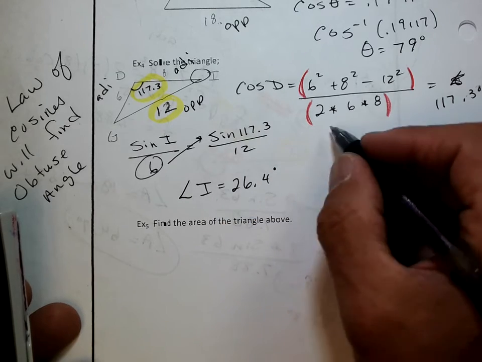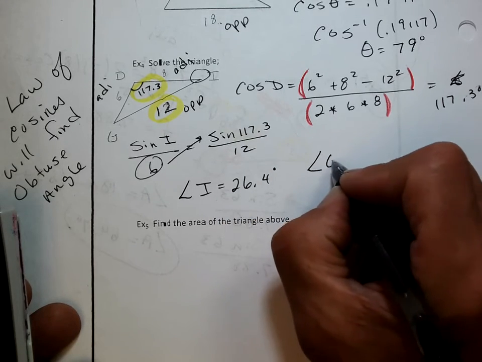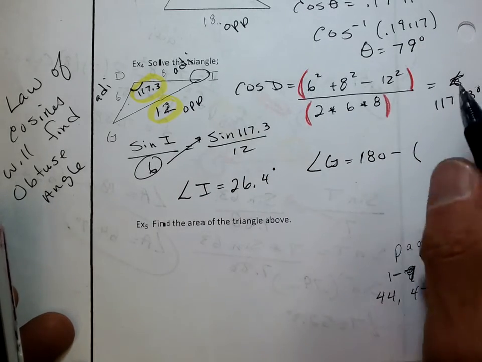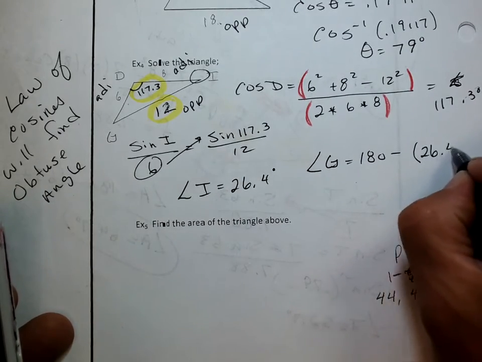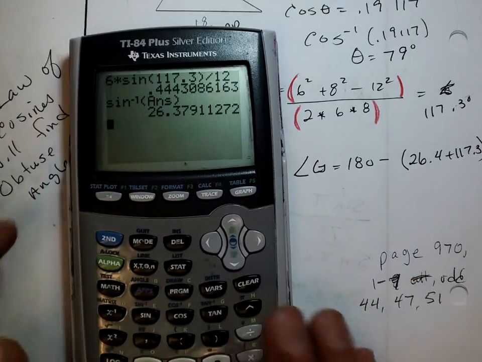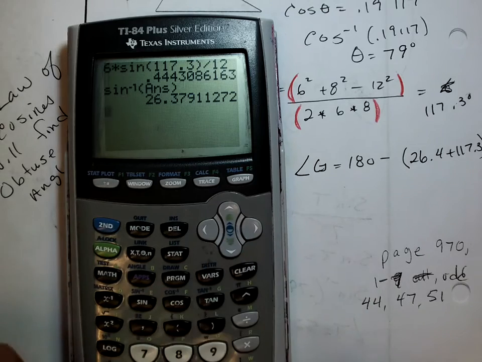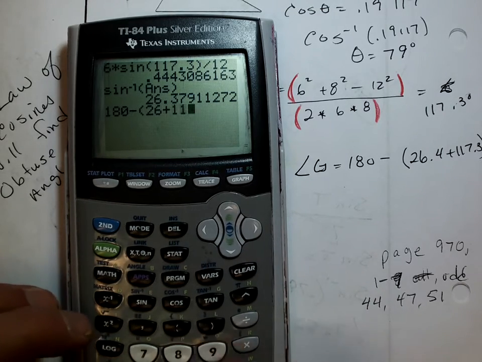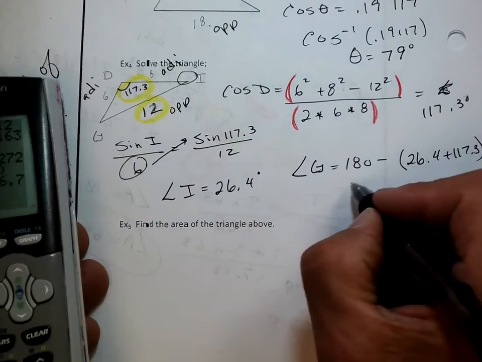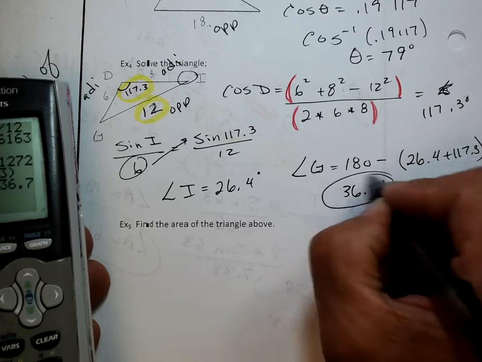So then finally for angle G, we'll go 180 minus the sum of the two angles, right? 26.4 plus 117.3. Okay, and I'll just do that in my calculator, right? 180 minus parentheses, 26 plus 117.3, and I get about 36.7 degrees.